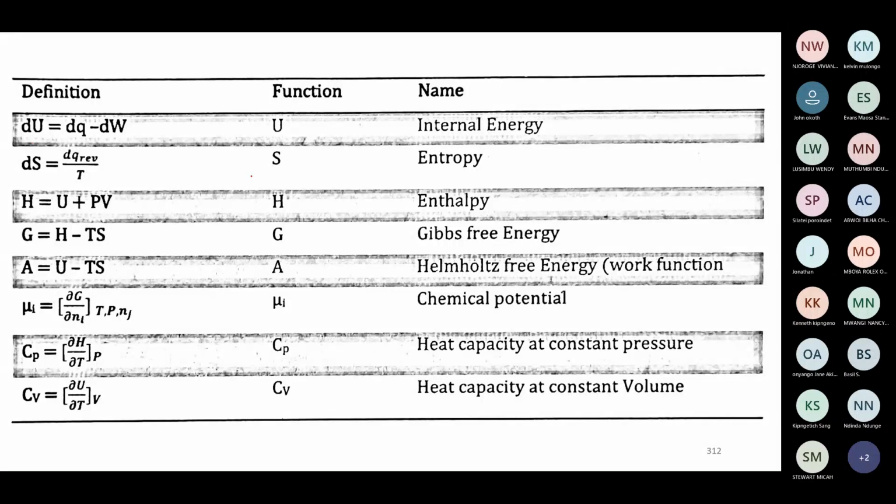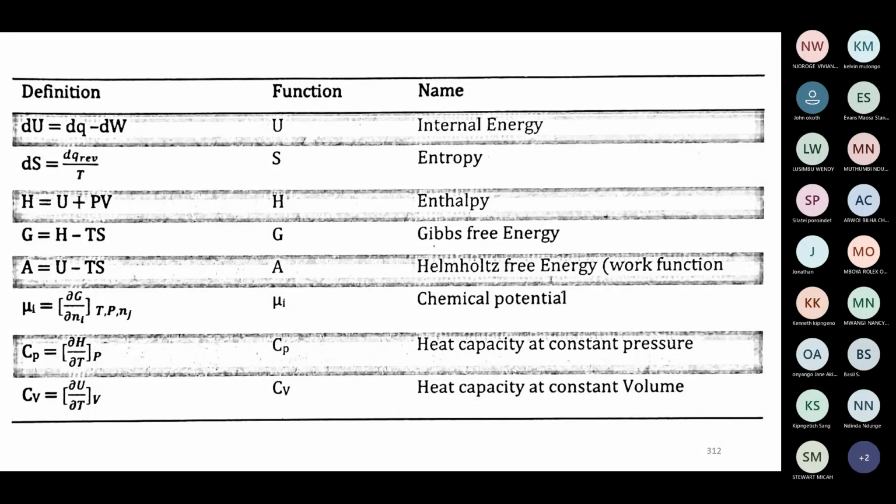Then we have an expression for entropy, symbolized by S: dS equals dq reversible over T. We also defined enthalpy, H, given by U plus PV.